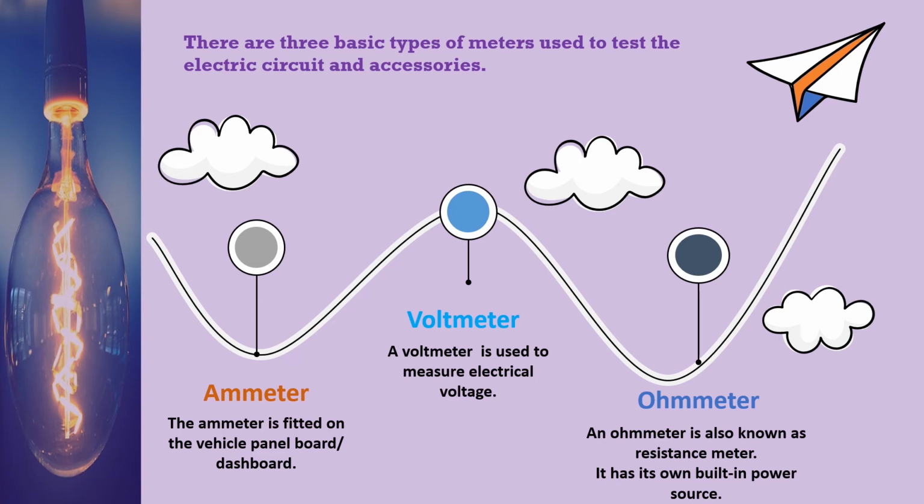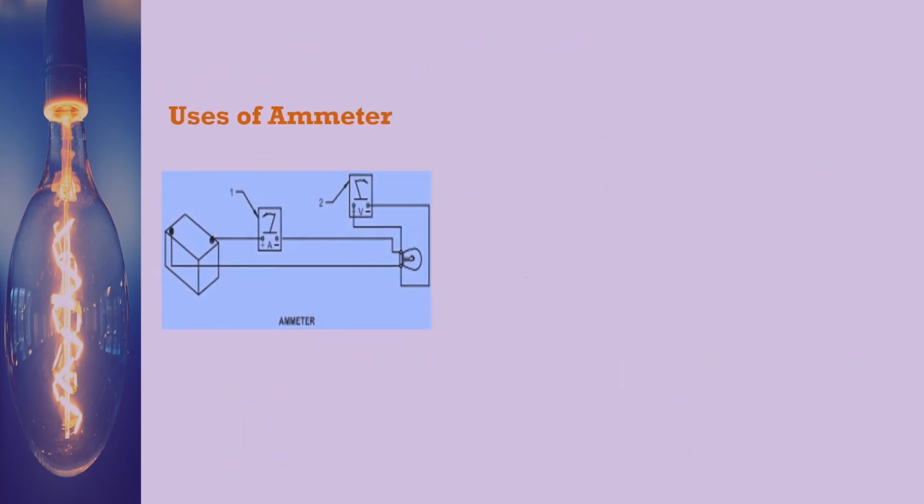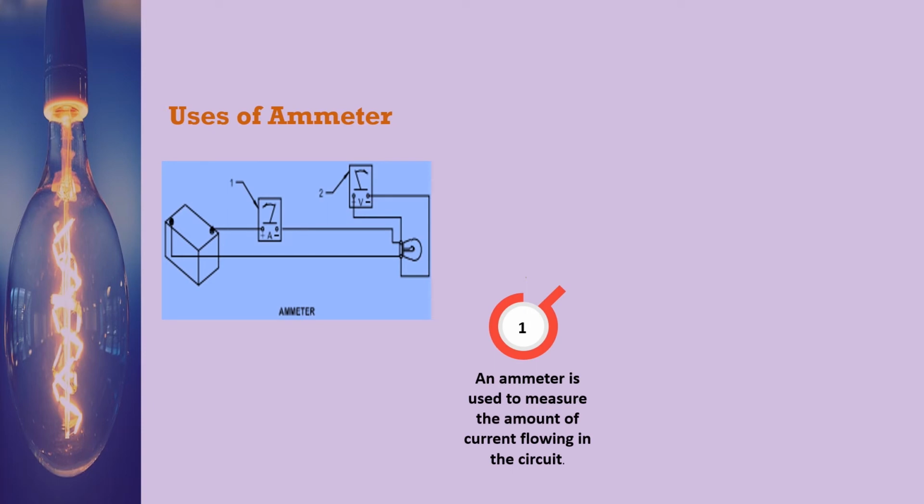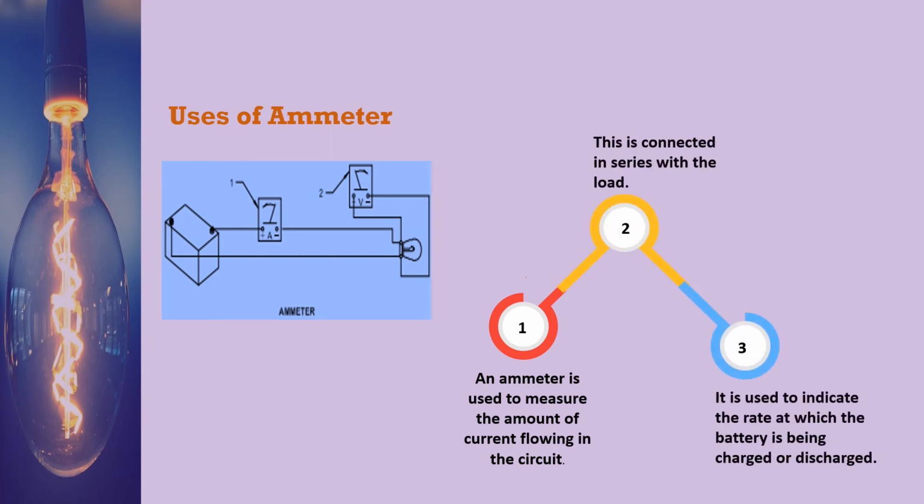It has its own built-in power source. Uses of ammeter. An ammeter is used to measure the amount of current flowing in the circuit. This is connected in series with the load. It is used to indicate the rate at which the battery is being charged or discharged.